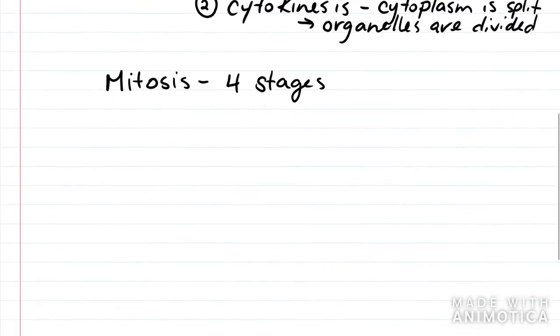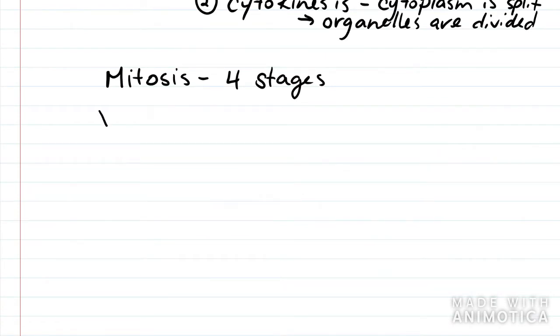So the first one's called prophase. And this is where the sister chromatids, which are the duplicated copies of the DNA, shorten and thicken and start to look like X's.